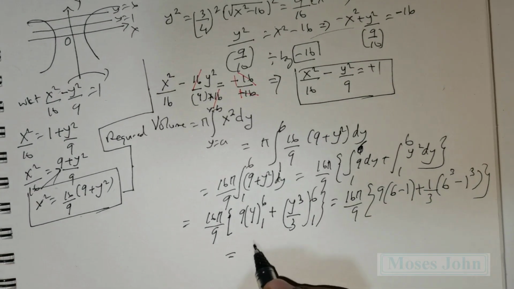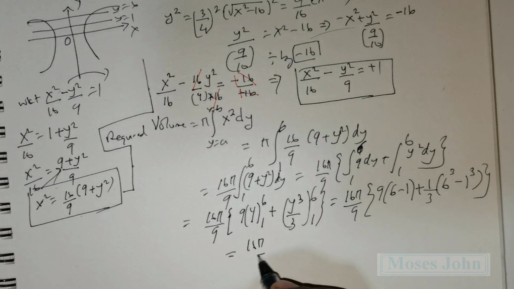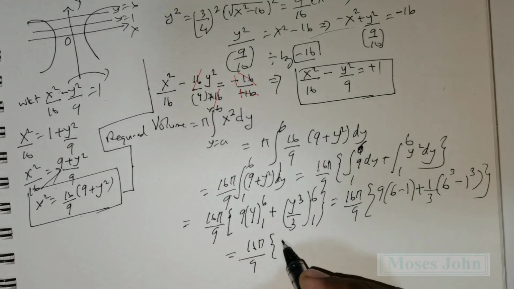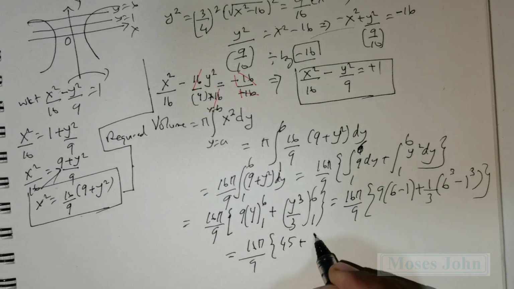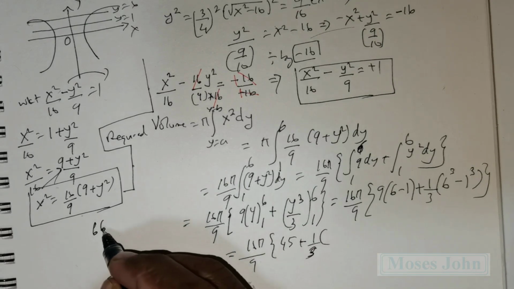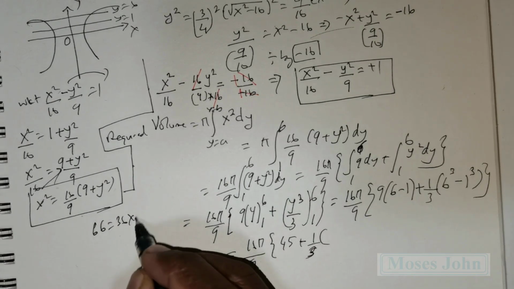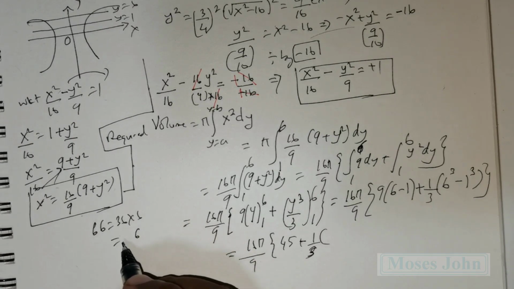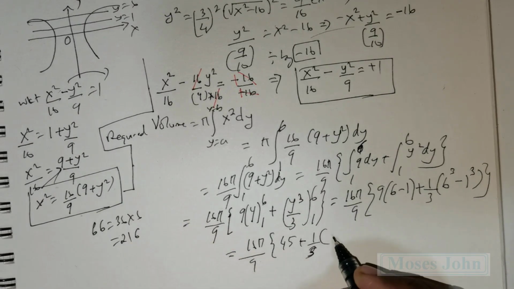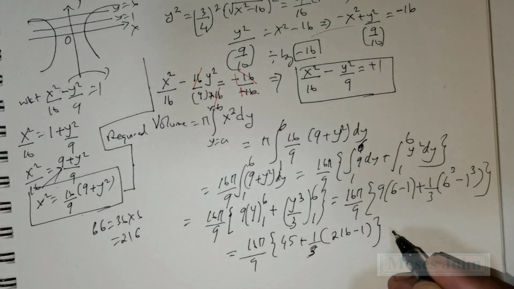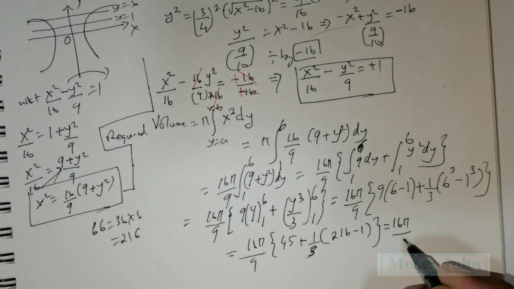Now this is equal to 16 pi divided by 9, open the parenthesis, this is going to be 45, followed by 1/3 times 6 cubed. 6 times 6 is 36, multiplied by 6 gives 216, minus 1.